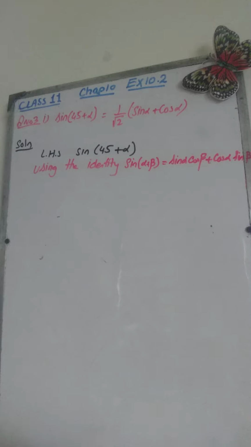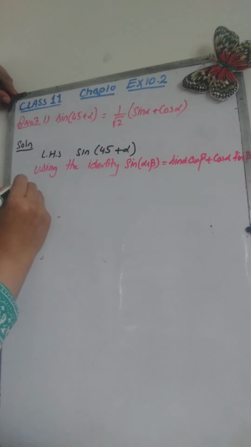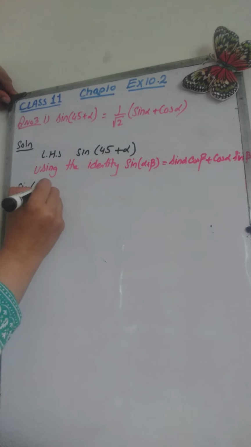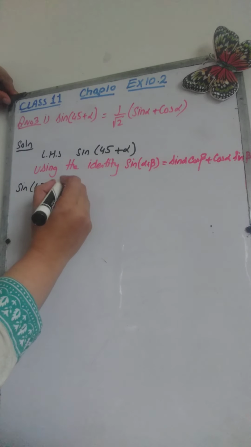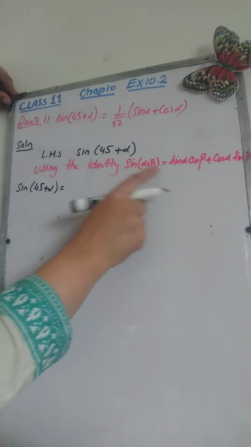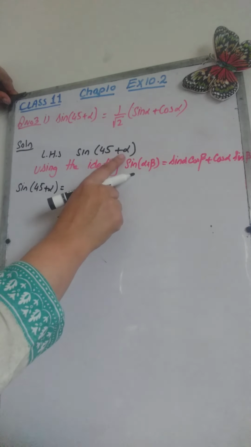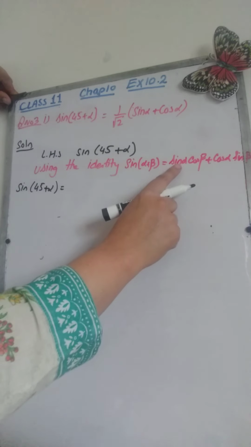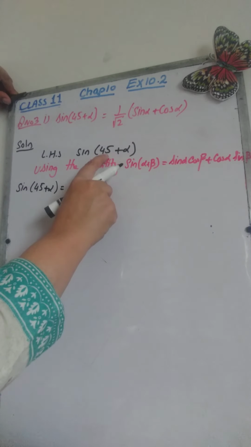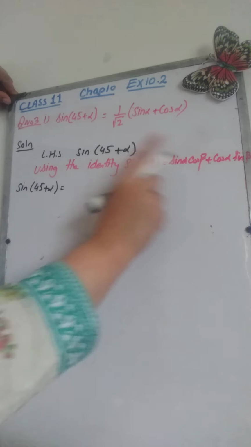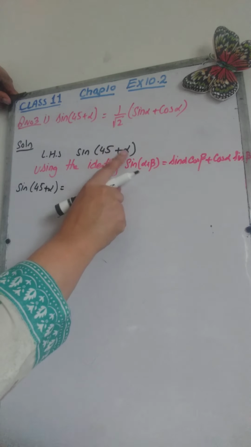This is the identity that we are going to use. So if I use this identity, sine 45 plus alpha will be sine alpha plus beta. Instead of alpha we have 45 and at the place of beta we have alpha. So first I am going to write sine of the first angle and cos of the second, then plus cos of the first angle and sine of the second.